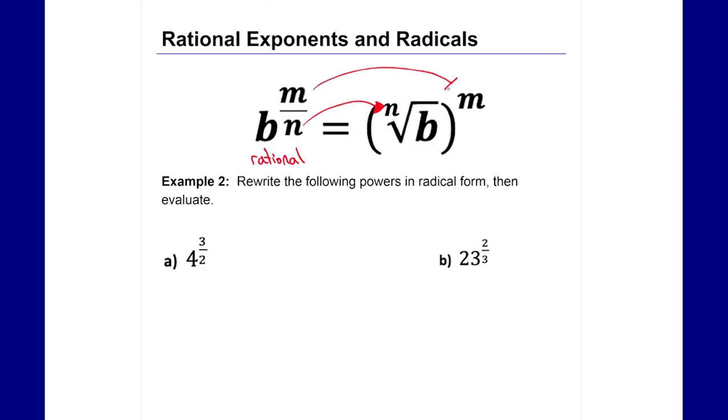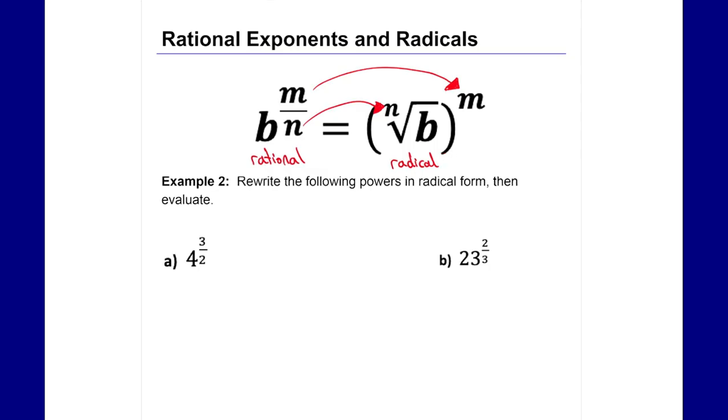So both parts of our fraction are becoming two different parts of our radical. One's becoming the root and one is becoming the exponent. The same thing would apply when it's 1 over n, but when we raise anything to the power of 1, it doesn't really change anything. That's why we didn't see anything on the previous one. So again, we still have our rational form and we have our radical form.